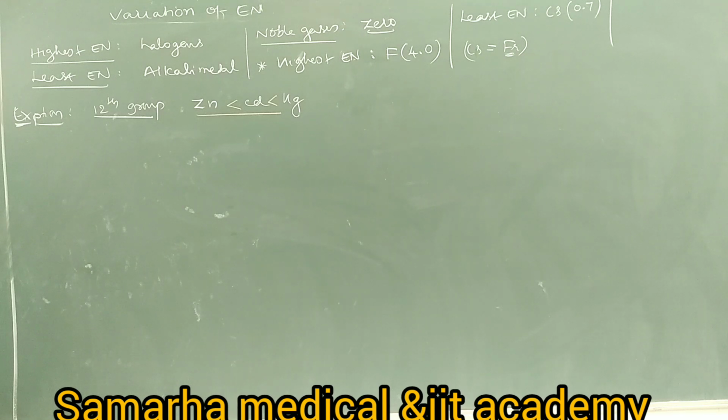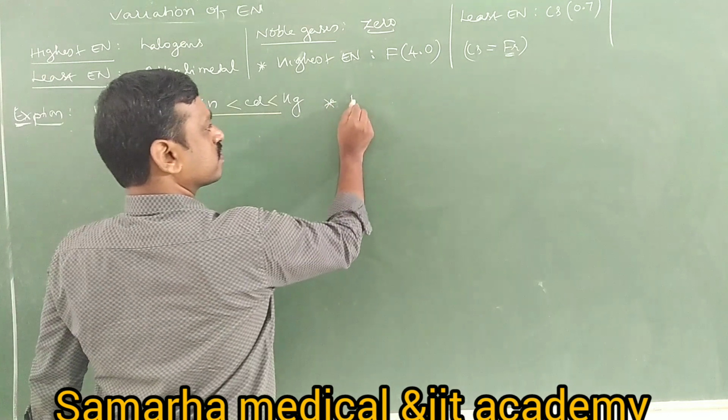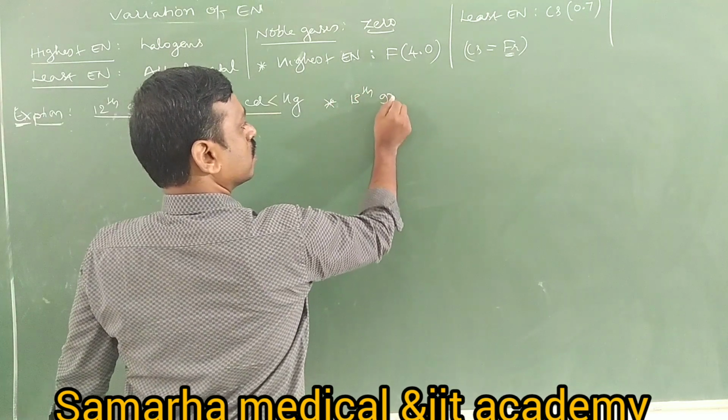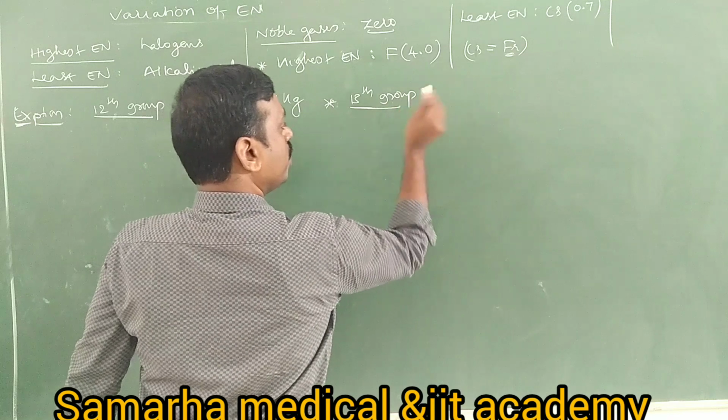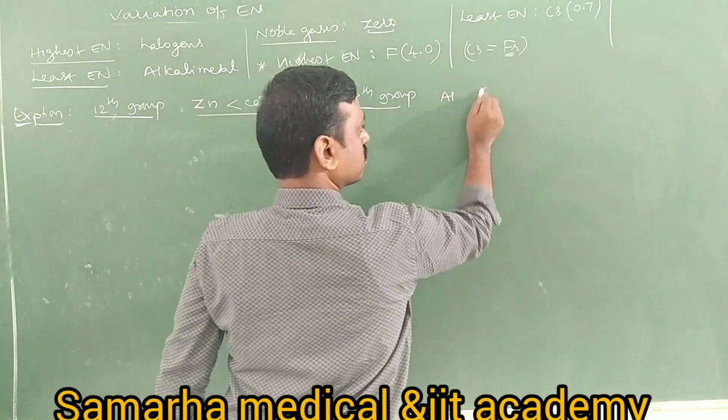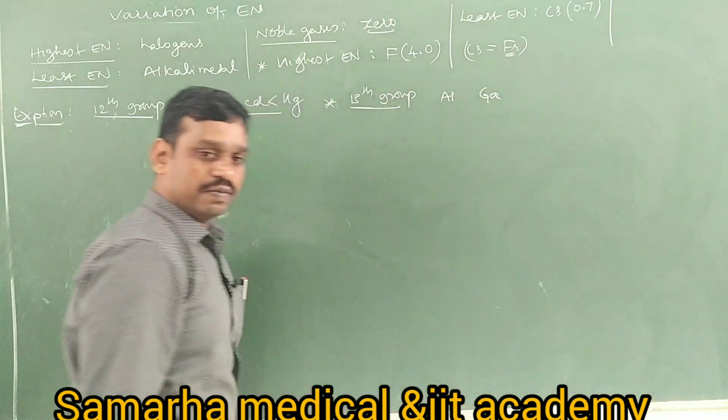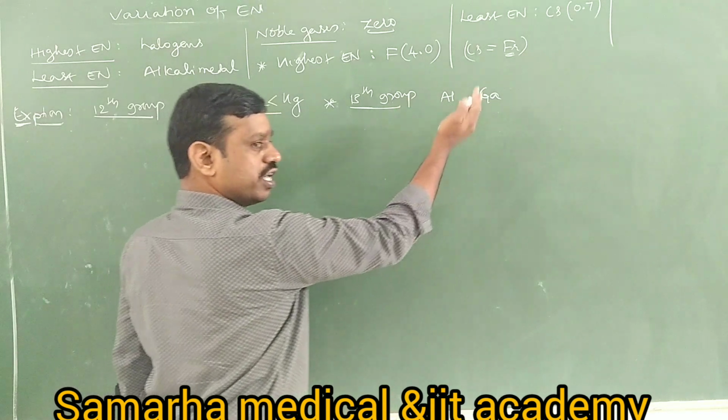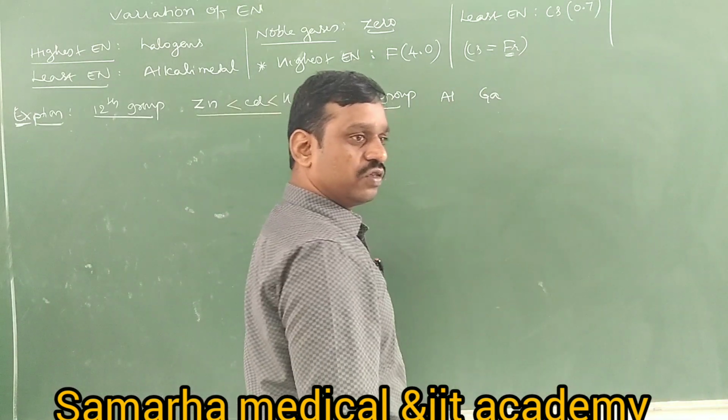The other exception you know already. In the last class we studied electron affinity also in the 13th group. Another exception in the 13th group: aluminium, gallium. Boron, aluminium, gallium, indium, thallium are the 13th group elements.